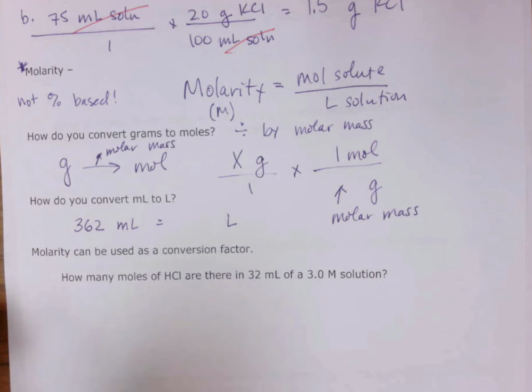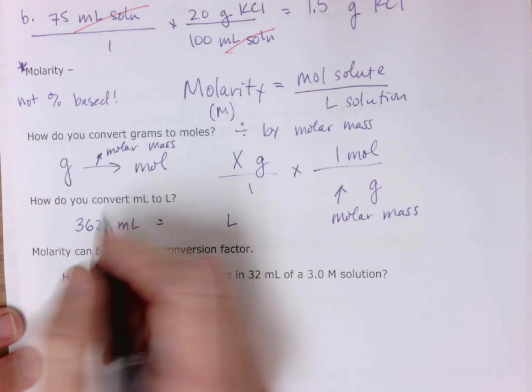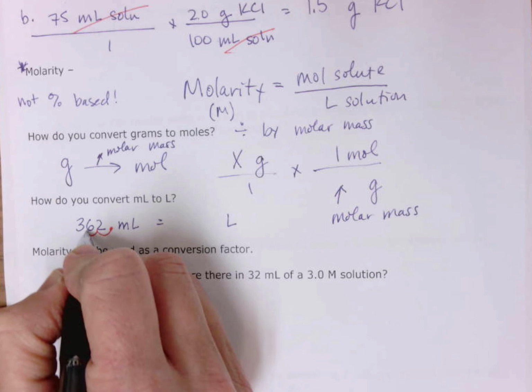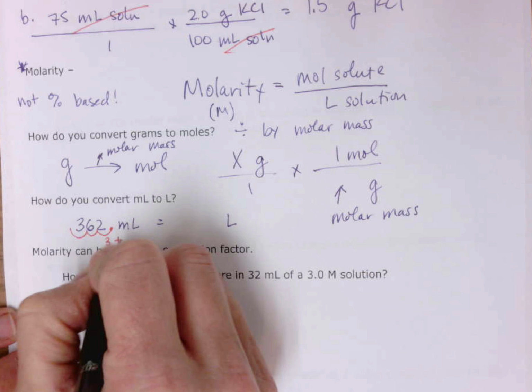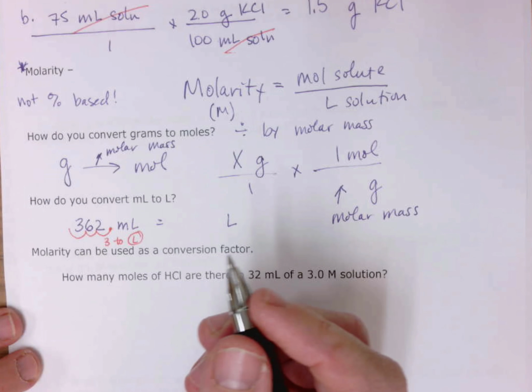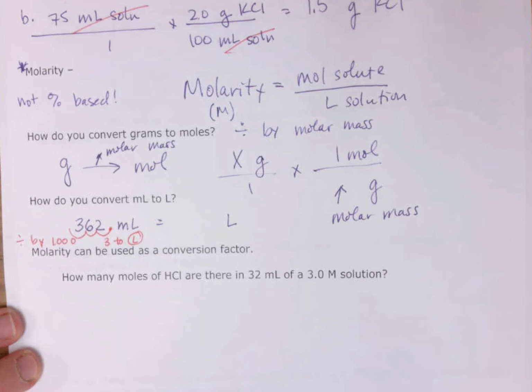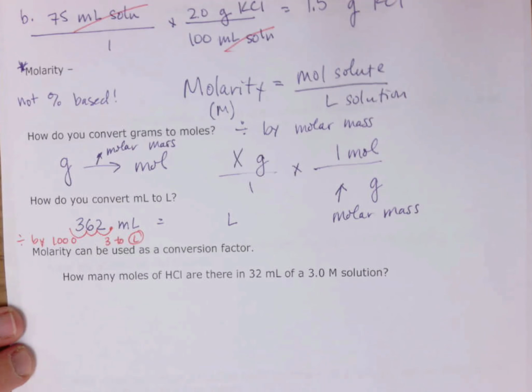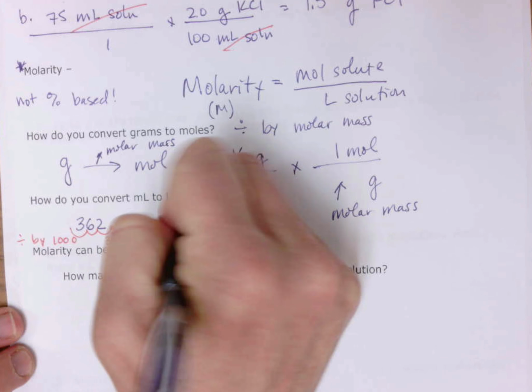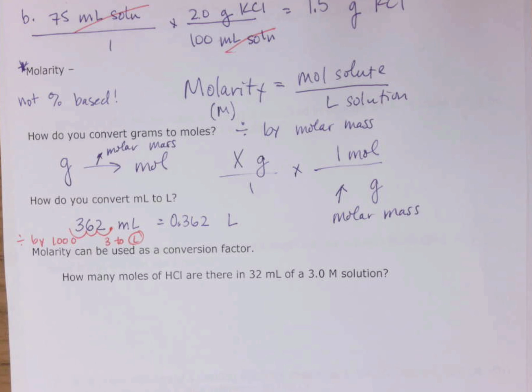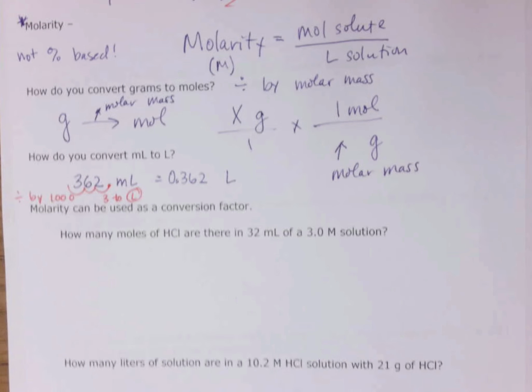I'm going to move the decimal 1, 2, 3 places to the left, or it's the same as dividing by 1,000. That gives us 0.362 liters.